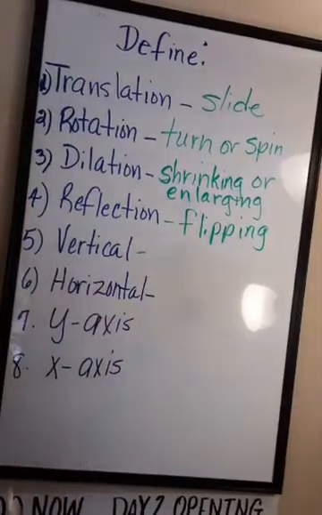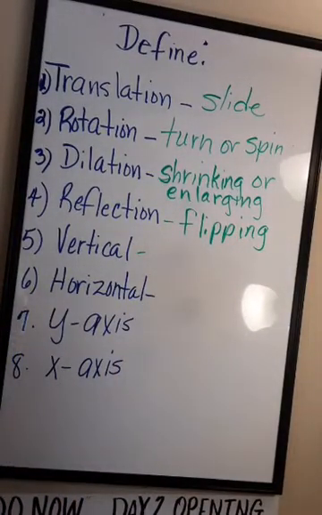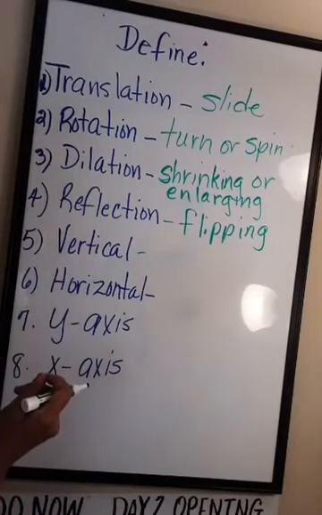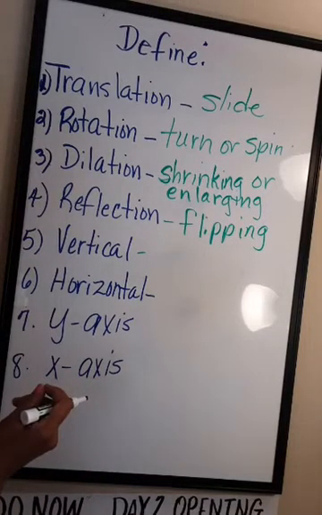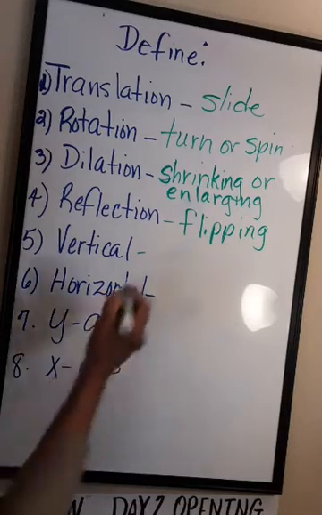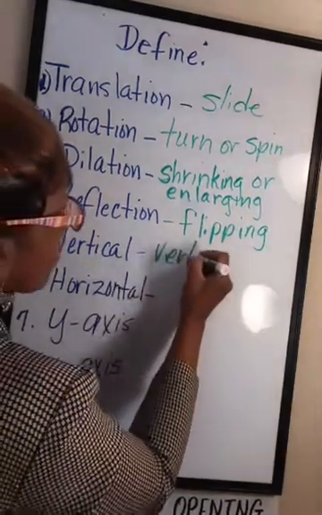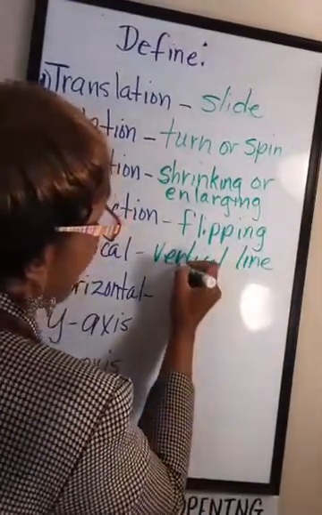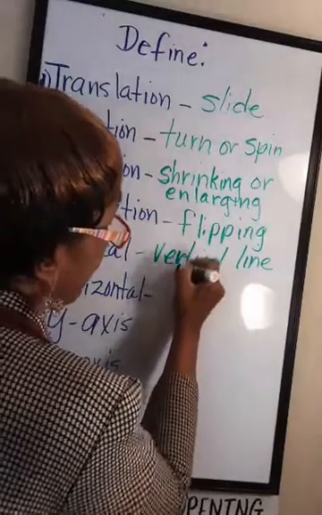Vertical. What do you think vertical means? Well, when we think of the coordinate plane, we think of vertical as being what? A vertical line, meaning that it's a straight line going this way.